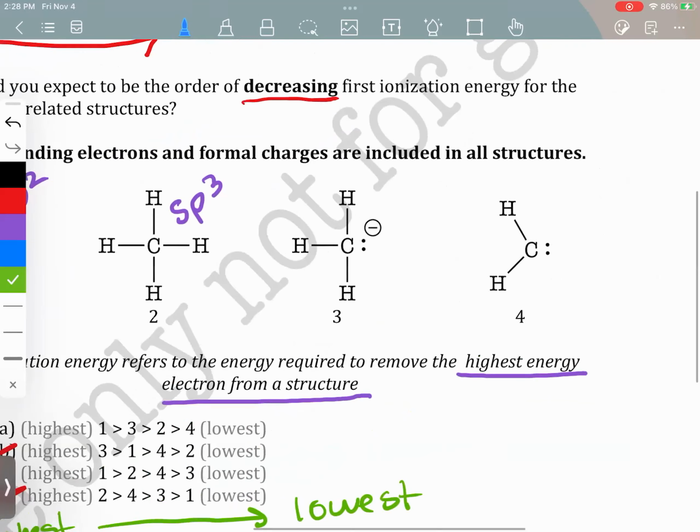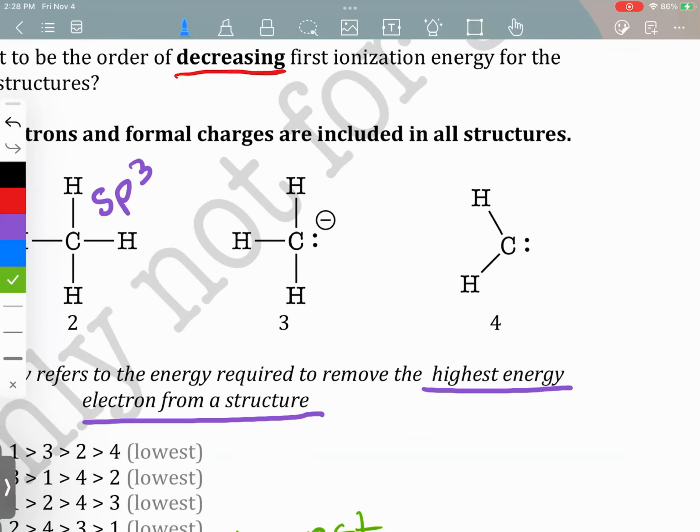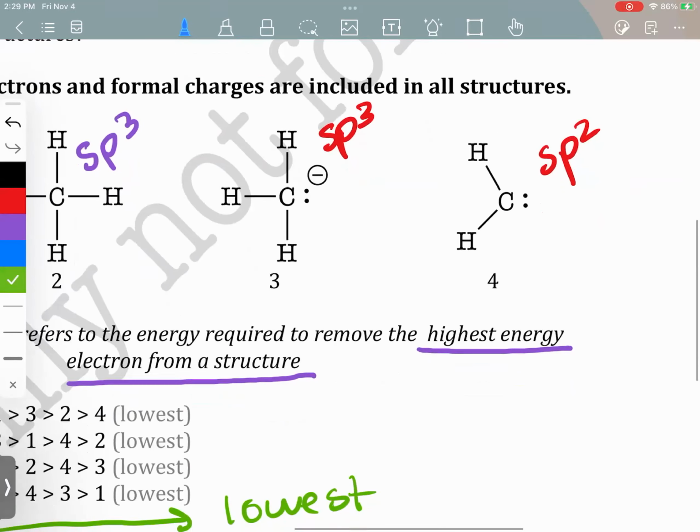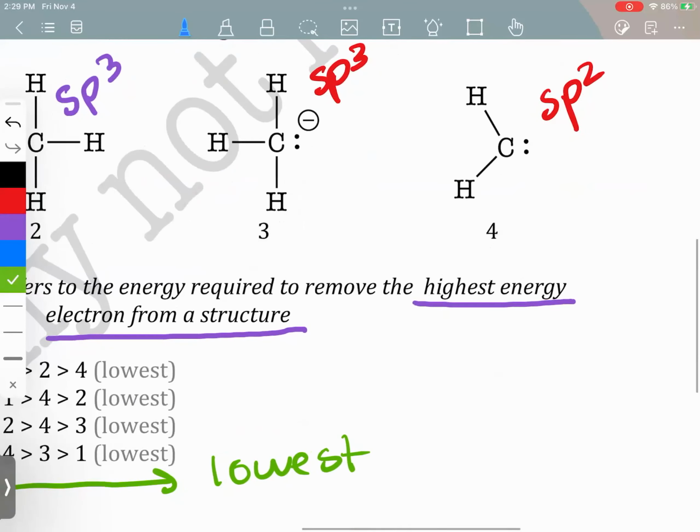Now we're looking at the non-bonding pairs over here. 3, you have a sp3 hybridized carbon, and 4 is sp2. But now, what do you think we have to pay more attention to in this case?